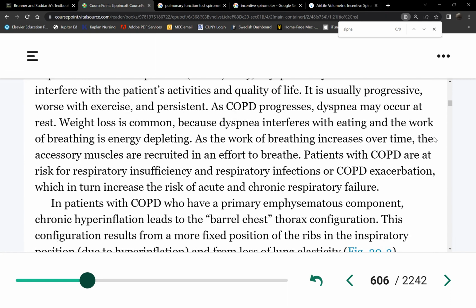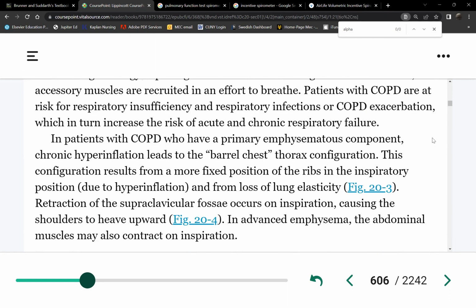For instance, what do you remember from fundamentals? Because you talked about COPD. This barrel chest here, what caused this? Why did the patients with COPD have a barrel chest shape? Why did their chest wall look round instead of oblong like you and me?